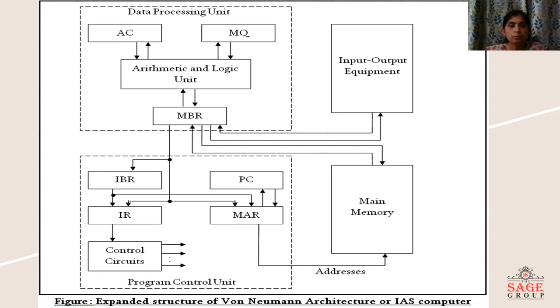First of all, this whole diagram is divided into two main parts: data processing unit and program control unit. In these two blocks, we have to discuss these registers: AC, MQ, MBR, then IBR, IR, PC, and MAR.